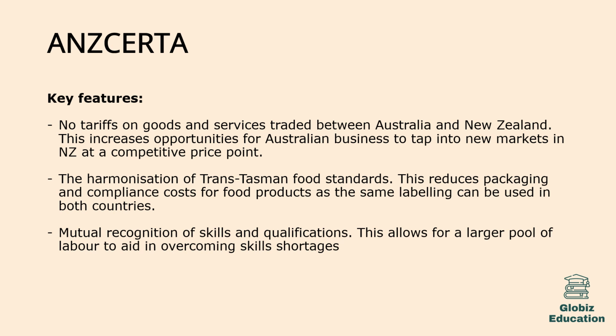So what does this mean? It means that your packaging costs can be reduced, because you can effectively scale your production for both countries. And that process of testing and ensuring that your food product meets the requirements designated by the government is going to be the same in both countries. Again, they're reducing your costs of production.